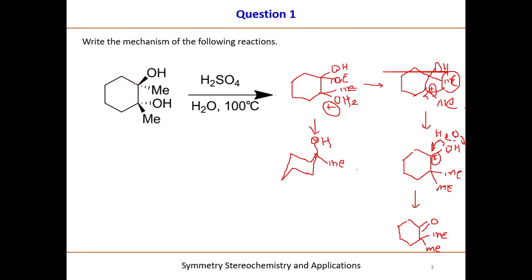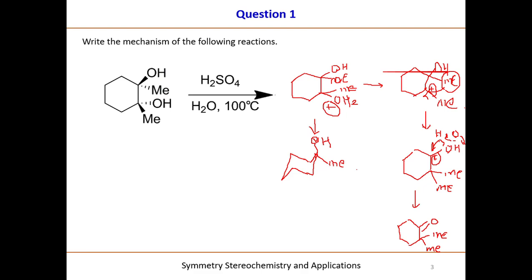Now here you can see that both the hydroxy groups are trans to each other, and both the methyls are also trans to each other. Trans means, in chair conformation, on adjacent carbon atoms, 1,2 substituents, they will be in axial opposite directions.